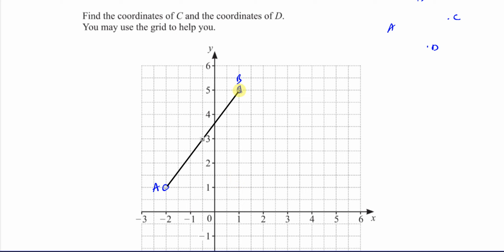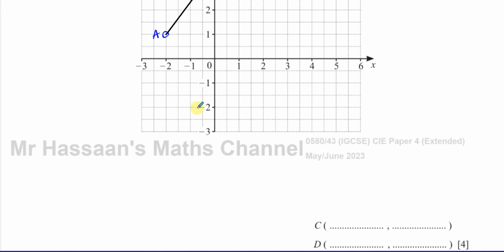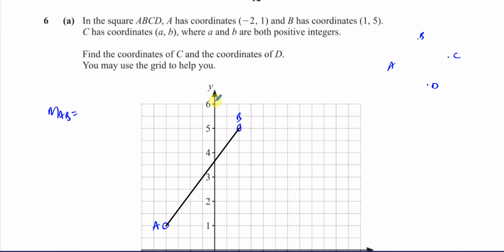So the gradient of the line joining B to C has to be perpendicular to this gradient. The gradient of AB, you can work out from the coordinates they gave us: 5 minus 1 over 1 minus minus 2, which is 1 plus 2. That's going to give you 4 over 3. So the gradient is 4 over 3.